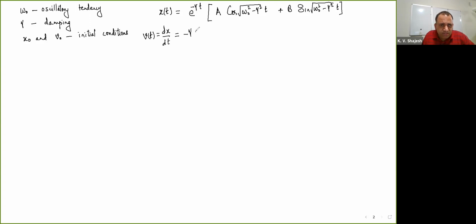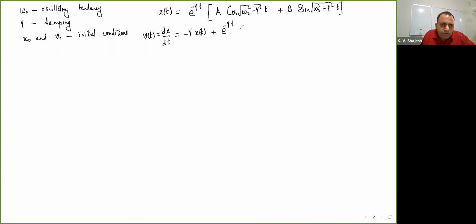So it is minus gamma times x of t as a whole. But then time also appears in the sine and cosine, so by the distributive property of differentiation, it gives me exponential of minus gamma t. And when I differentiate the cosine, it becomes sine, but both terms will give you the coefficient, so you can pull it out right away.